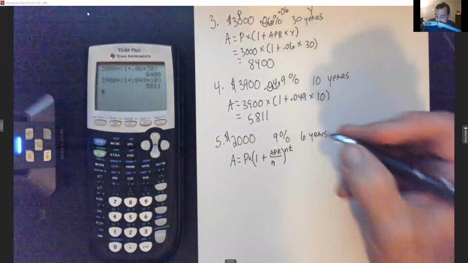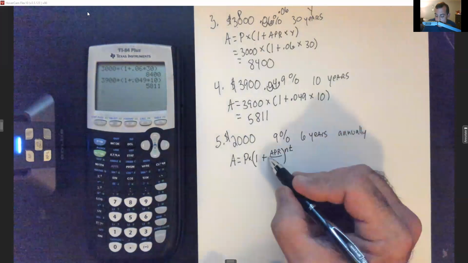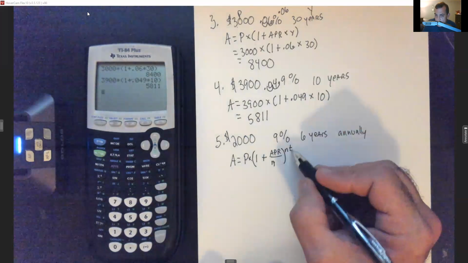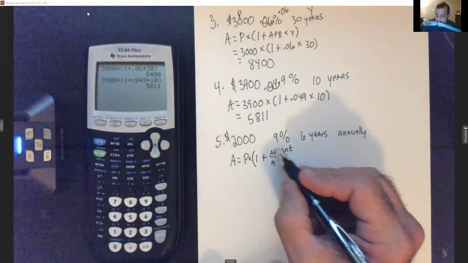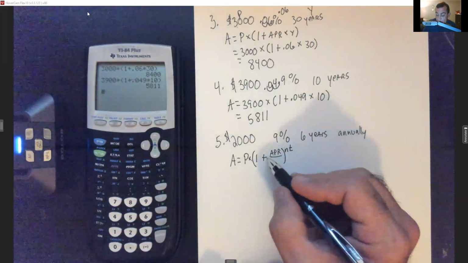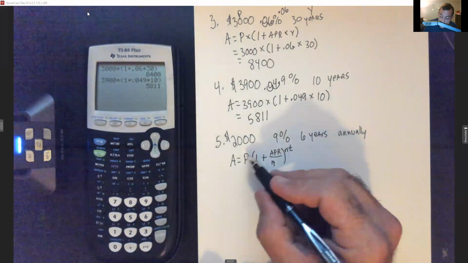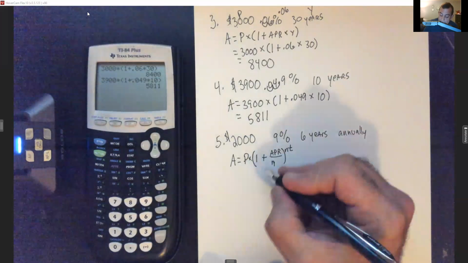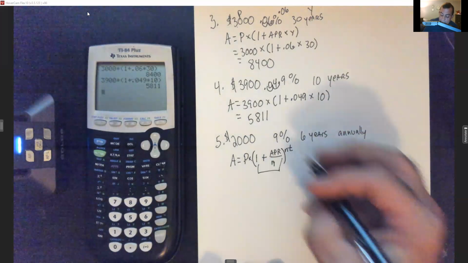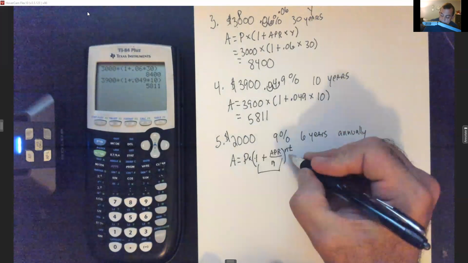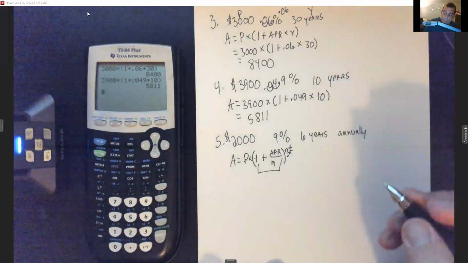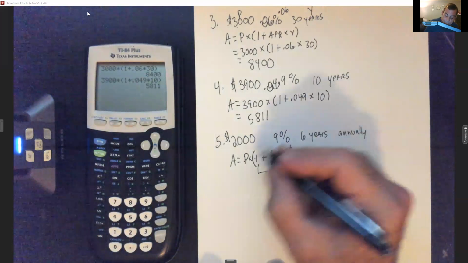So what I'm going to do is work the inside the parentheses. Then I'll figure out what this exponent equals. And I'll take what's inside the parentheses and raise them to that exponent. Then your final step is to multiply by the p. So you do inside the parentheses by dividing first, adding to 1. Then you raise them to the exponent. Then you multiply all that times the p.